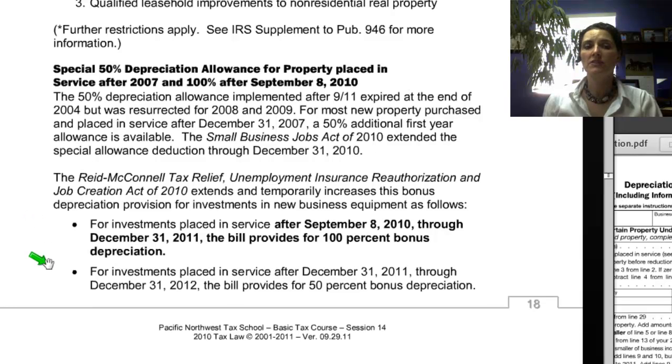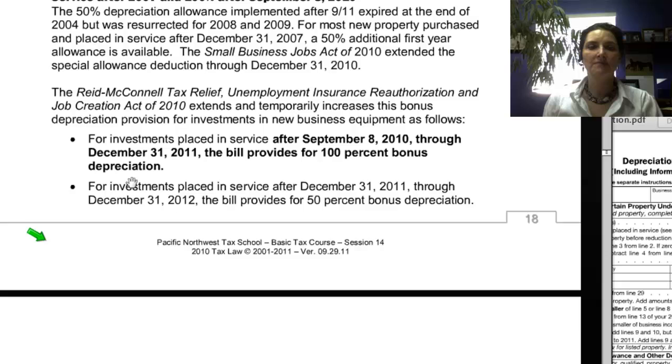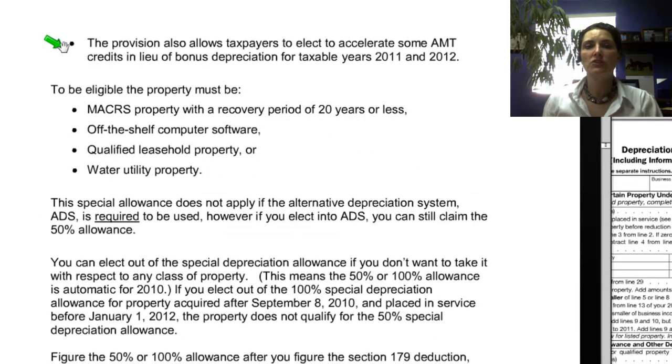And for investments placed in service after December 31, 2011 through December 31, 2012, the bill provides for 50% bonus depreciation. The provision also allows taxpayers to elect to accelerate some alternative minimum tax credits in lieu of bonus depreciation for taxable years 2011 and 2012.